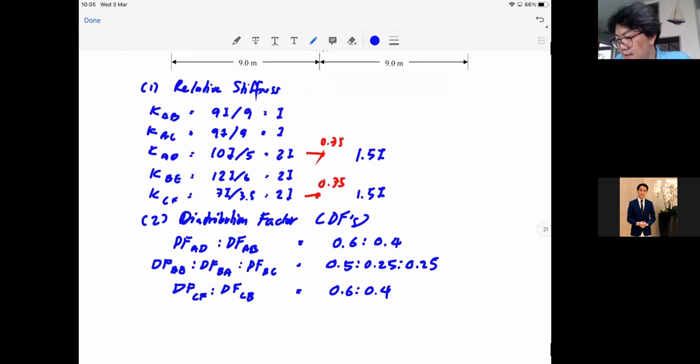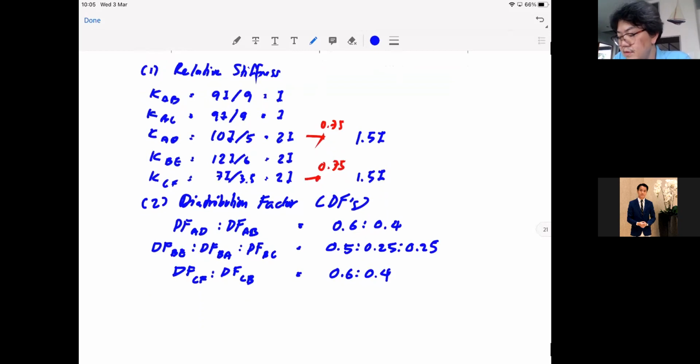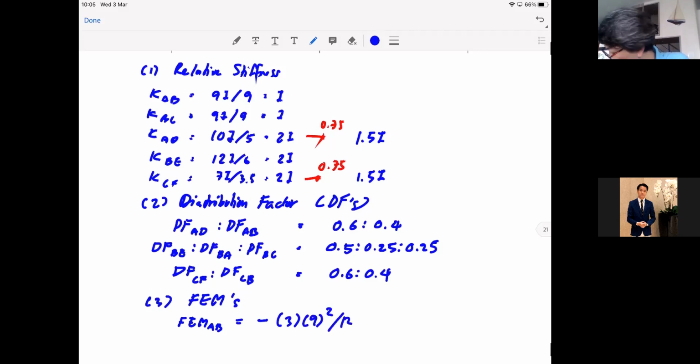And then fixed end moment. Number 3, fixed end moment. Okay, we have one uniform load, so it's going to be FEM AB. That's going to be equal to minus 3 tons, the span is 9 meters squared over 12.